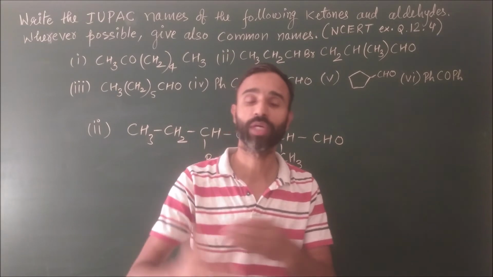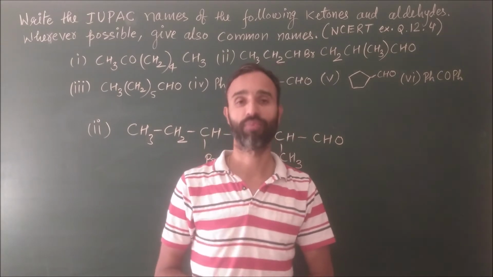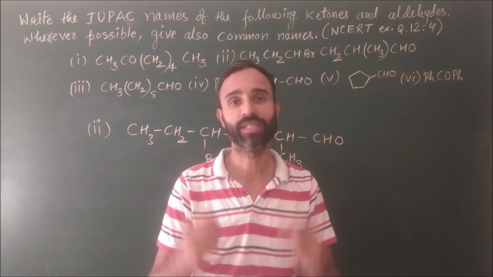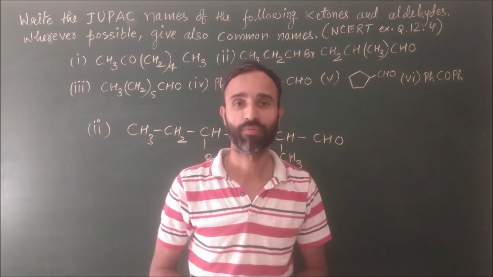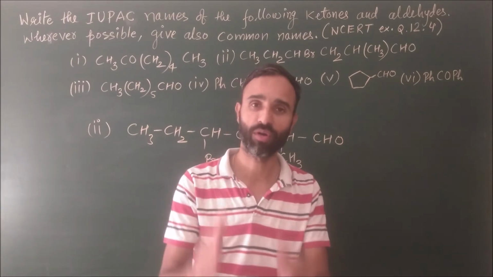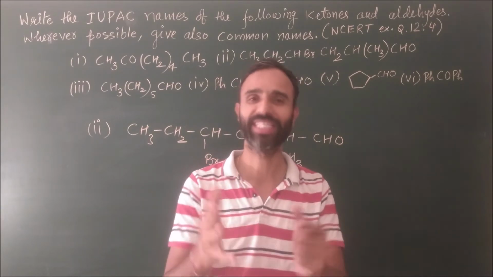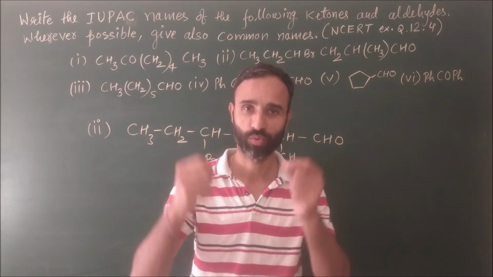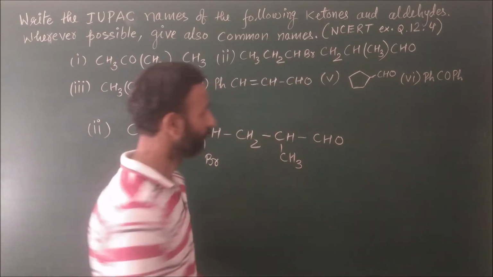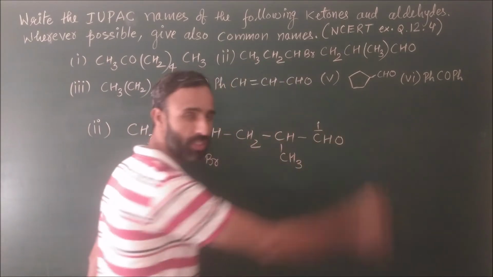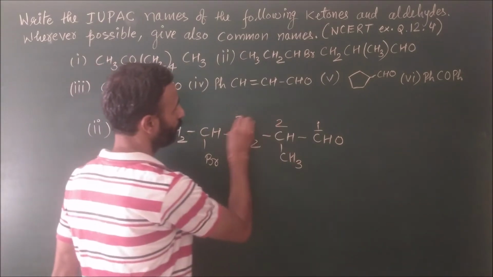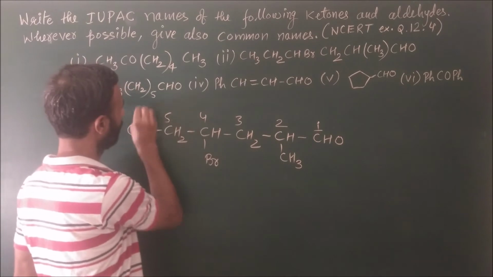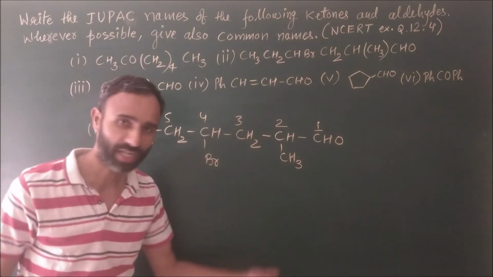I am talking about a terminal functional group which contains carbon, and only one functional group is present, then that will always get number 1, like CN, CHO, COOH. So it will get the lowest number 1 undoubtedly, and then it is 2, 3, 4, 5, 6. I think you can write its name.